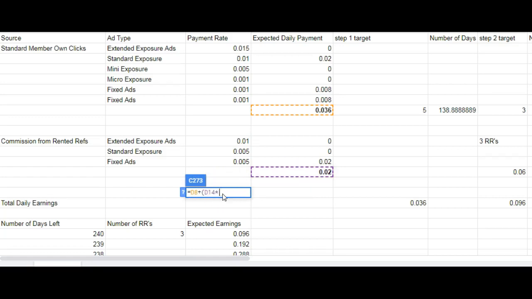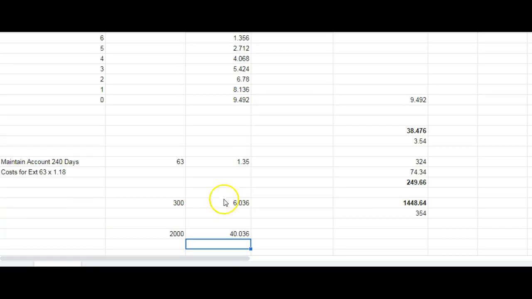Multiplied by 2,000 rented referrals. So at that stage, you could be earning $40 per day if you have 2,000 rented referrals, based on those figures that I put in, which as I said are reasonably accurate, reasonably realistic.